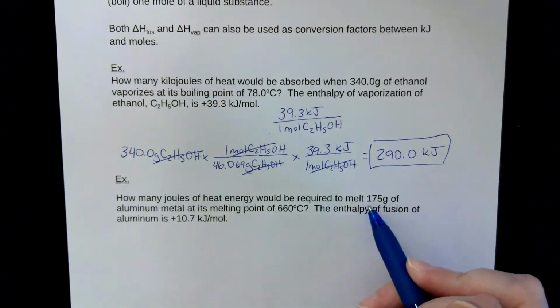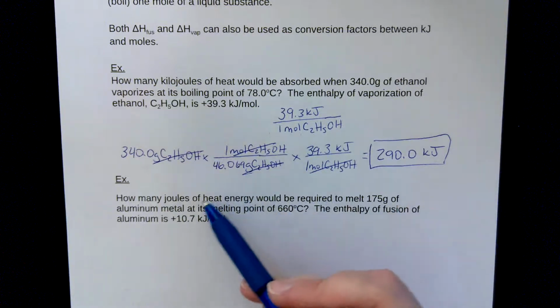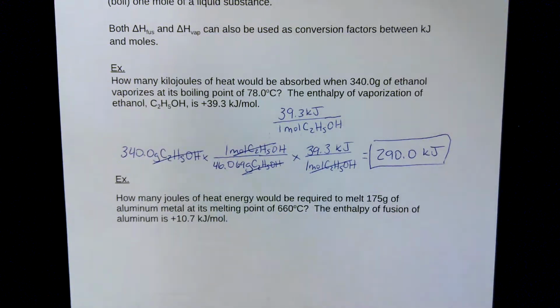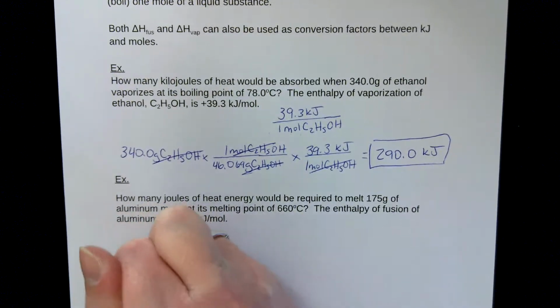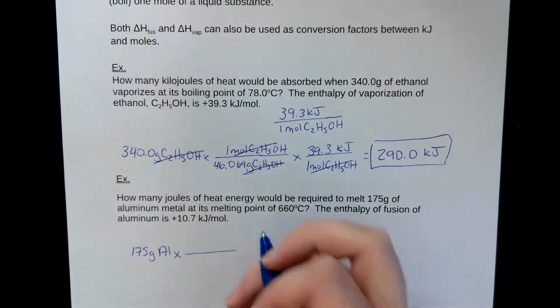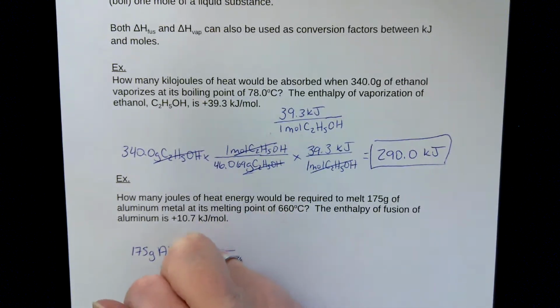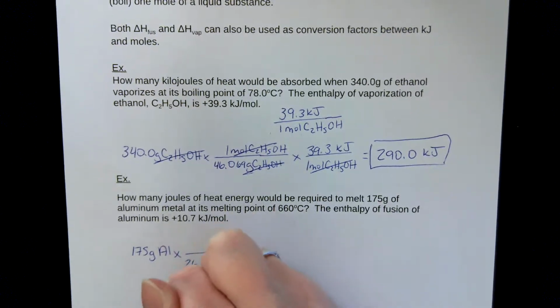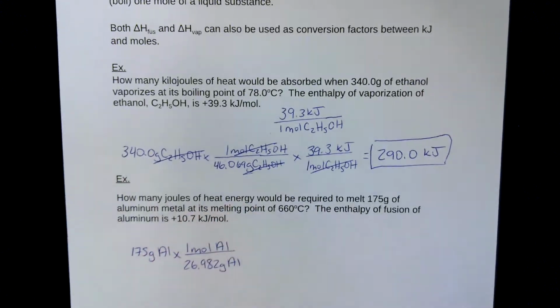So we're going to be converting 175 grams of aluminum into joules. So 175 grams of aluminum. We'll use our molar mass to convert from grams into moles. So aluminum's molar mass is 26.982 grams of aluminum for every 1 mole of aluminum.